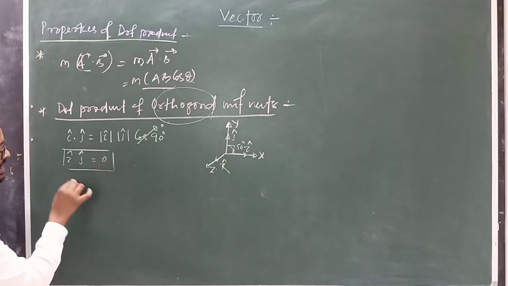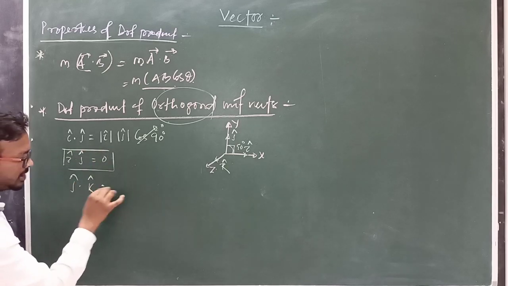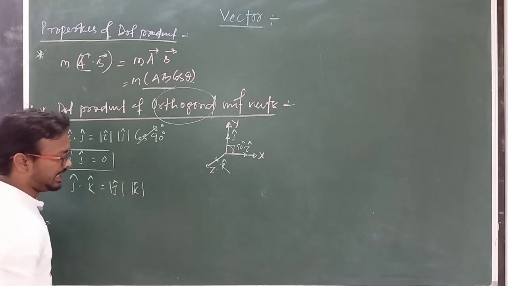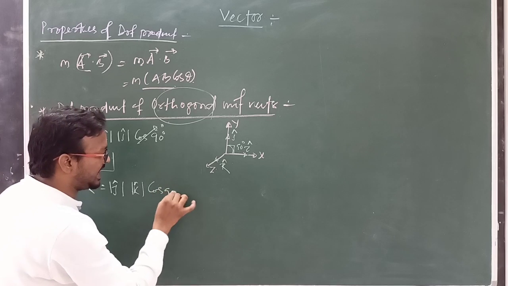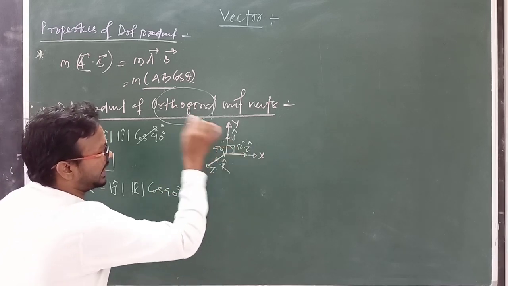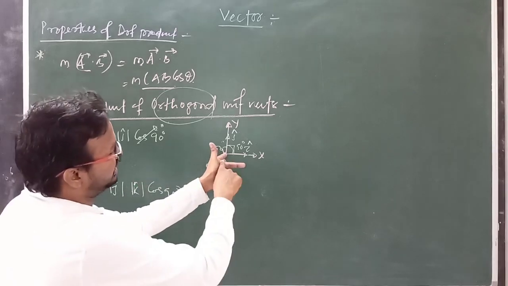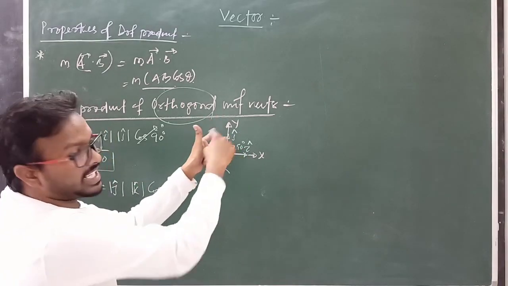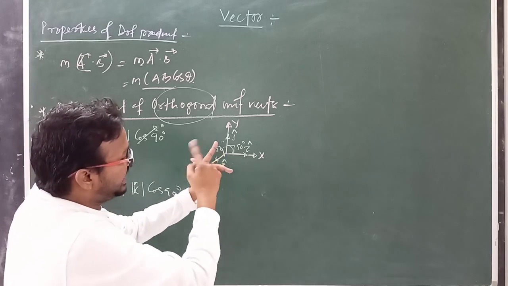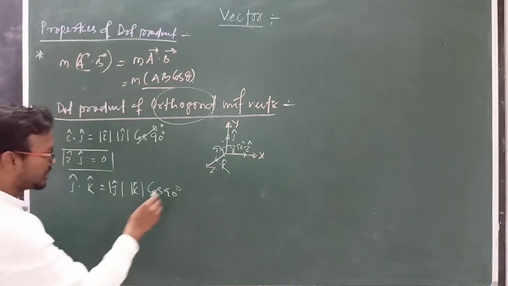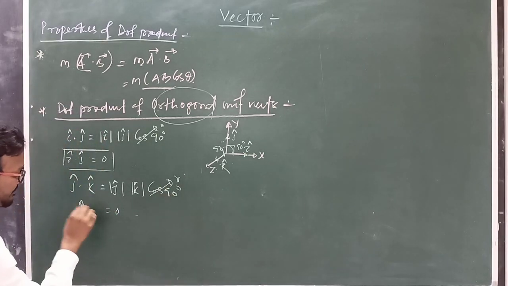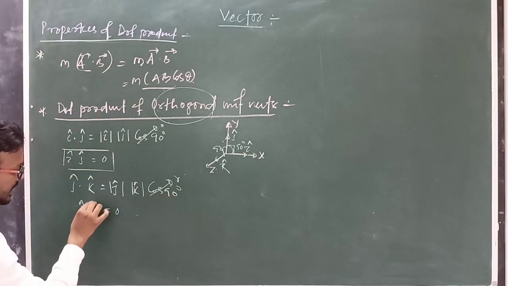Similarly, j dot k equals the magnitude of j times the magnitude of k cap times cos 90, because the angle between j and k is also 90 degrees. The 3 axes are mutually perpendicular, the angle between x and y is 90, y and z 90, and z and x also 90. So cos 90 equals 0, and we get j dot k equal to 0.